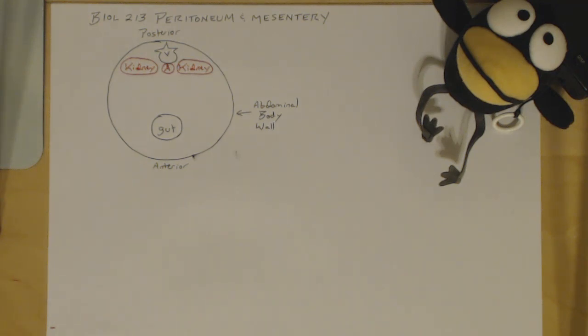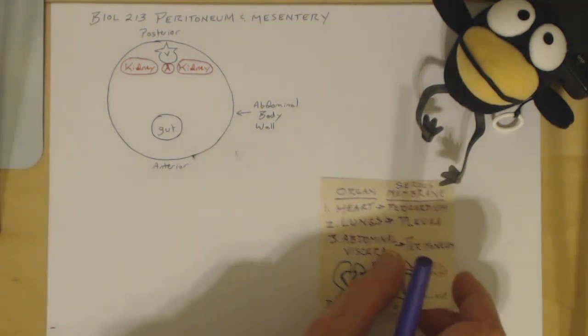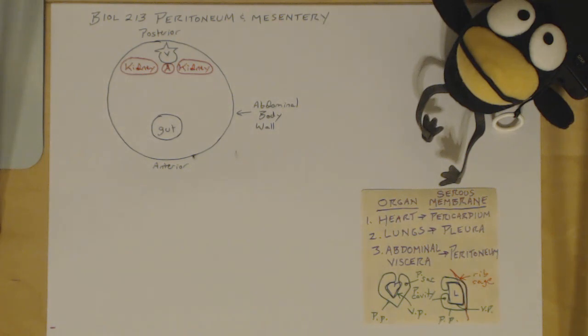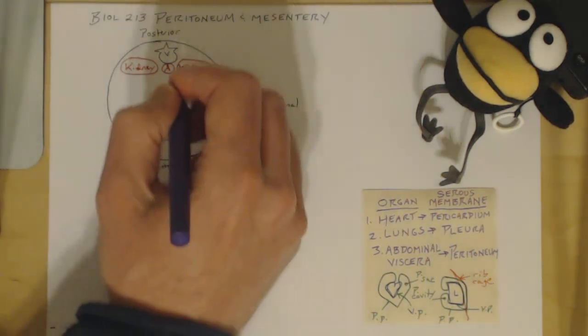All right. The gut also has a serous membrane that surrounds it, and that serous membrane again is called peritoneum. And just like with the heart and with the lungs, in fact, let me just keep this out so you have this for context. Just like with the heart and the lungs, there is a parietal peritoneum and a visceral peritoneum, and they look something like this.